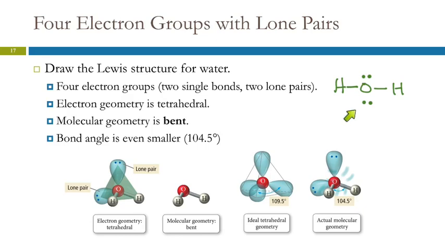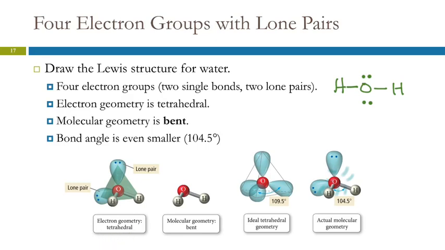But it's not, because there are 2 lone pairs on the oxygen. So when you look at the oxygen, the central atom, and count the number of electron groups, there's 4 groups. 4 groups form a tetrahedron. There's the tetrahedron. 2 of those corners are lone pairs, and 2 are hydrogen atoms. The electron geometry is tetrahedral.